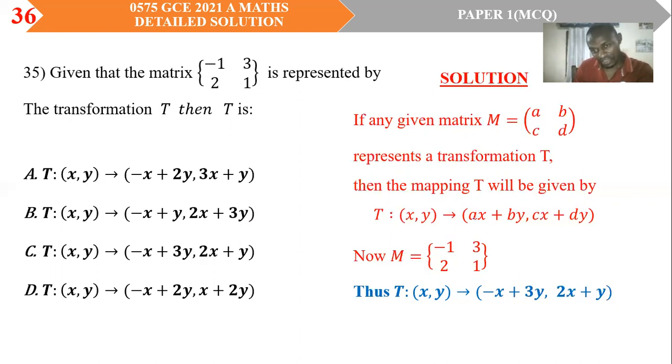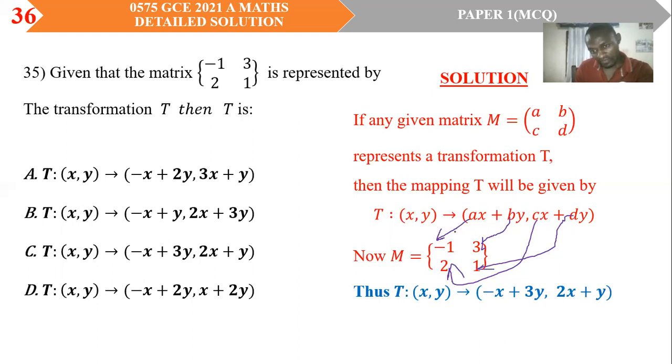Substituting the value of A, which is negative 1. Substituting the value of B, which is 3. Substituting the value of C, which is 2. And substituting the value of D, which is 1.